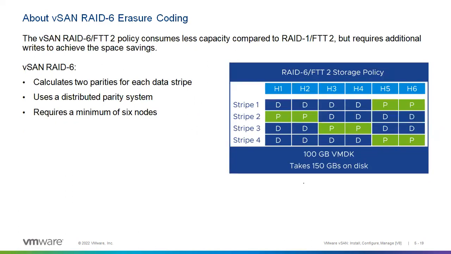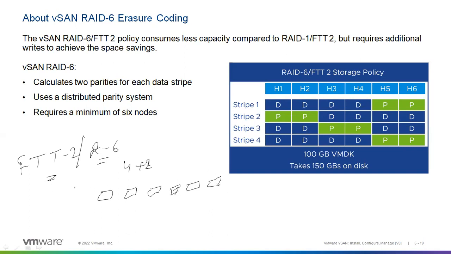Okay. So next erasure coding is your RAID 6, where you can get FTT2, failure to tolerate 2, with RAID 6. How many components are required? Here you require 4 plus 2. When I say 4 plus 2, it is 4 data components plus 2 parity: data, data, data, data, parity, parity.